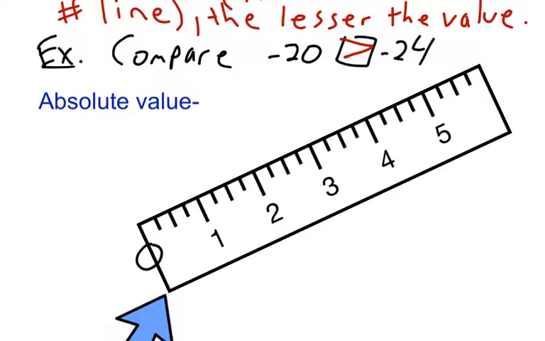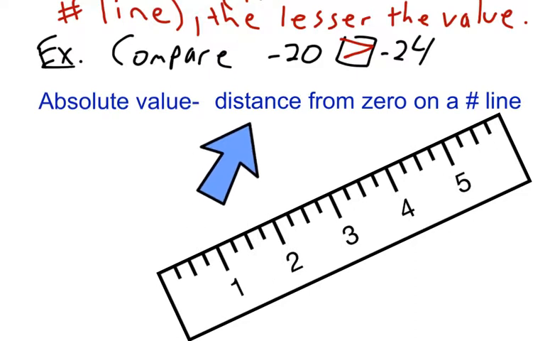So even a molecule or an atom or a cell, something extremely small, still measures to be something. So that's going to be a positive number on how big it is or how much it weighs, right? Its mass. So absolute value is a distance. So it's the distance from 0 on a number line.